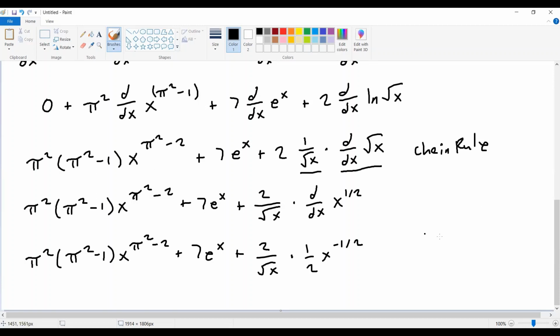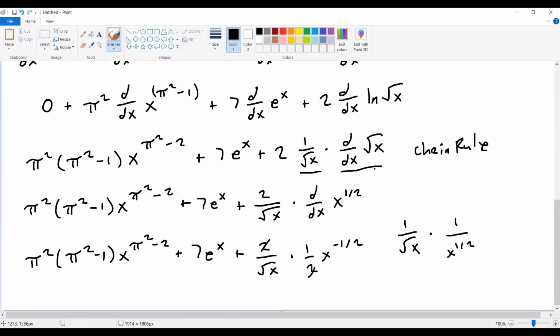And then all that's left is to just simplify some algebra. One of the first things to note is the 2's are going to cancel. And then another thing to note is that we've got 1 over the square root of x times x to the minus 1/2. Now, when you have a negative exponent, you can put that in the denominator and then it'll be positive. So this is really 1 over x to the 1/2.